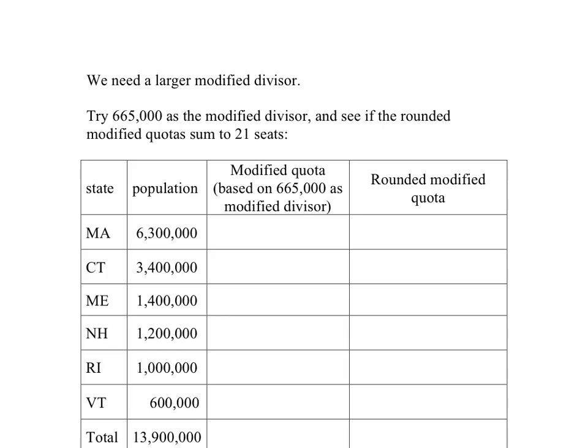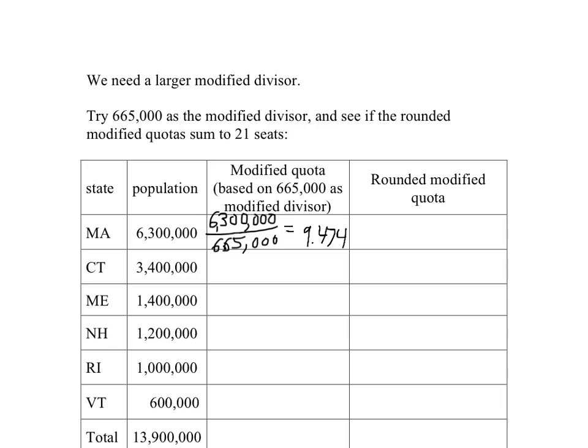So our job is to compute modified quotas based on this new modified divisor. Now, modified divisor means the same thing in this context as it did for Jefferson's method. It is a number that we divide each state population by instead of the standard divisor. So 6.3 million has to be divided by 665,000, and that turns out to equal 9.474.